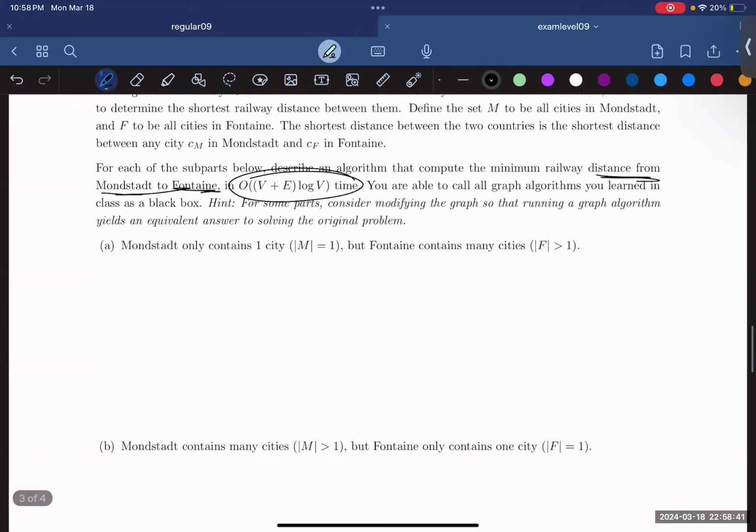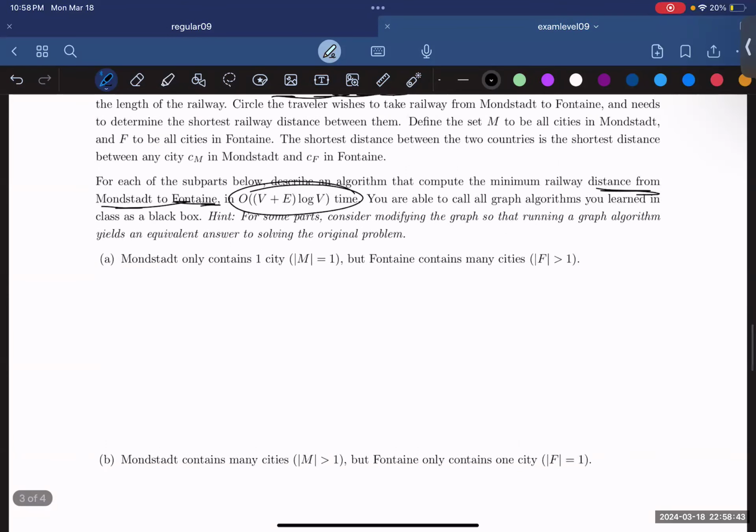The first problem is saying Mondstadt only contains one city and Fontaine contains many cities. When it comes to problems like these, I always like to draw a graph to visualize it. So we have one city in Mondstadt, and we have multiple cities in Fontaine, and these are connected in some way, and they have some weights. You don't really need to know exactly the weights, it's more conceptual.